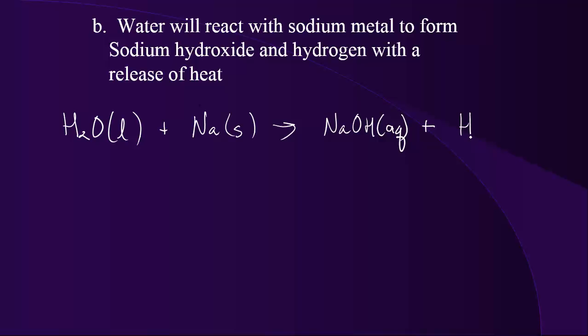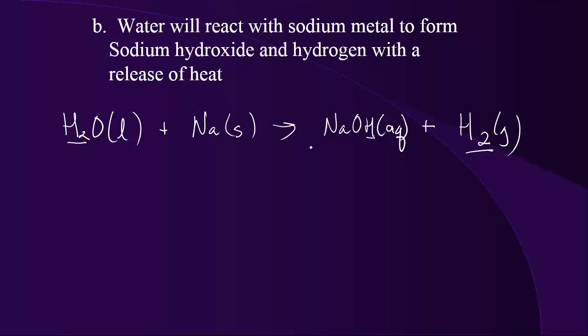Is that one of your diatomics? Yes. H2. Phase. All right. How many H's? 2. How many H's? 2. And? Oh, 3. Well, 3 total. Okay, so how are we going to do this? Put a 2 in front of H2O.